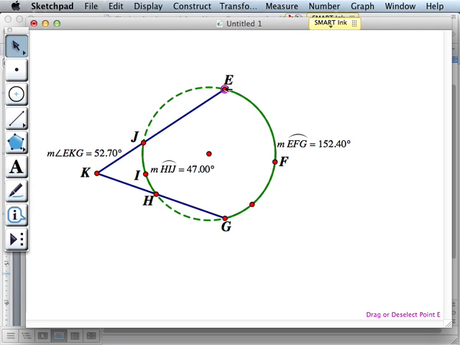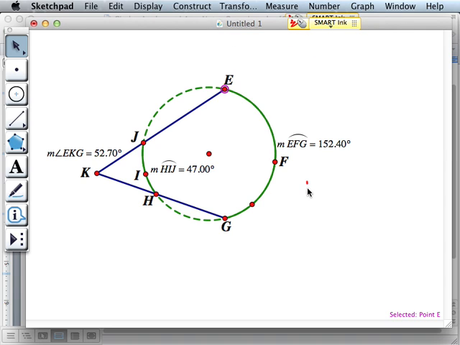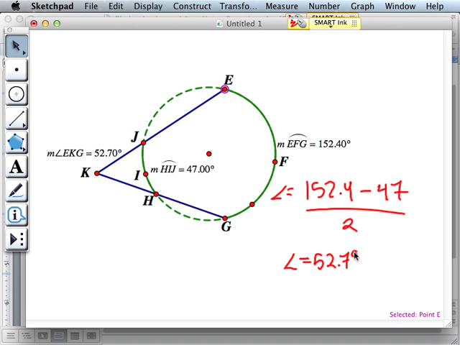All right. So if I have this, then we've got 152.4 big arc minus small arc, which is 47, all divided by 2. 152.4 minus 47, and then if I divide it by 2, I get 52.7, which is what we have over here.